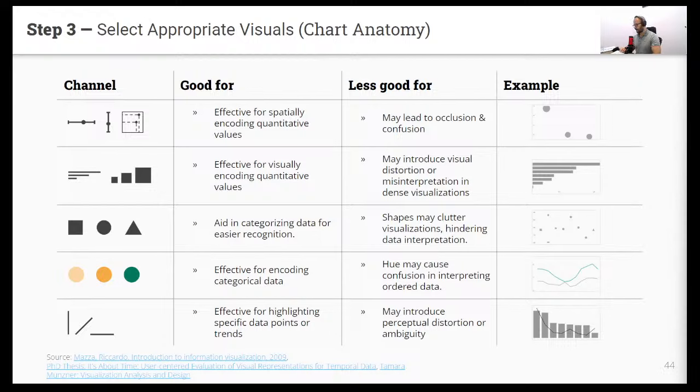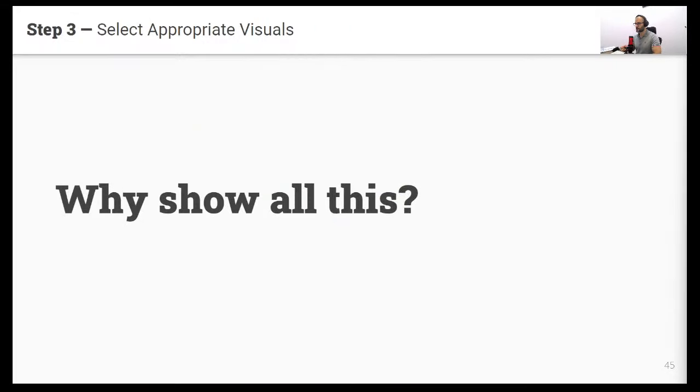Alright, I think we do not need to go through all of these, but the key point here is, why are we showing this? Why is this important to know? Well, it turns out that apart from different layouts being useful for different types of data, the marks and channels are also perceived differently by us humans.